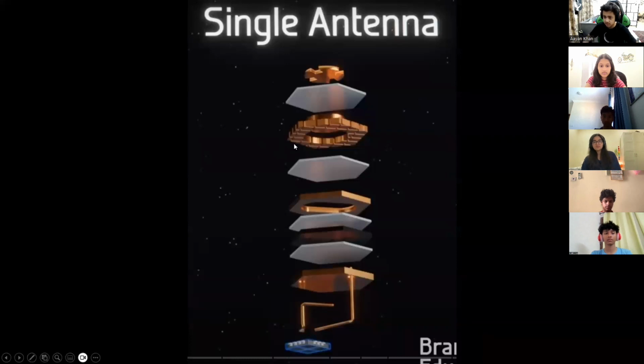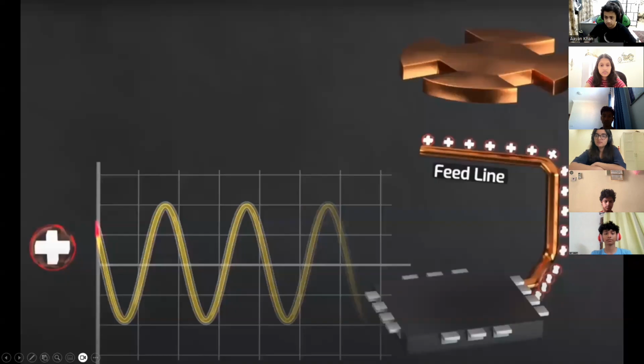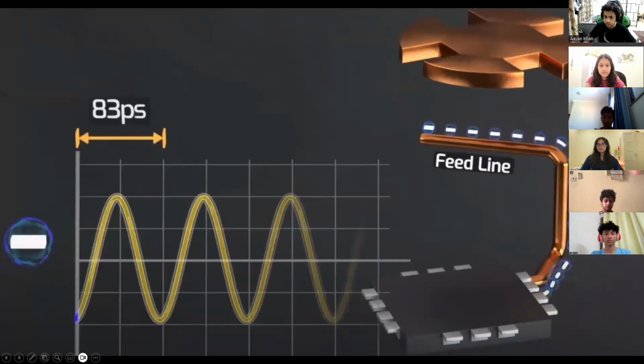This is a single antenna, which is controlled by a microchip here and has 6 layers. The electricity flows from the microchip through the feed line to the patch. The charge is positive when it is at the peak of the wave here. The charge changes every 83 picoseconds, which is a 12 billionth of a second, and becomes negative at the trough of the wave here.